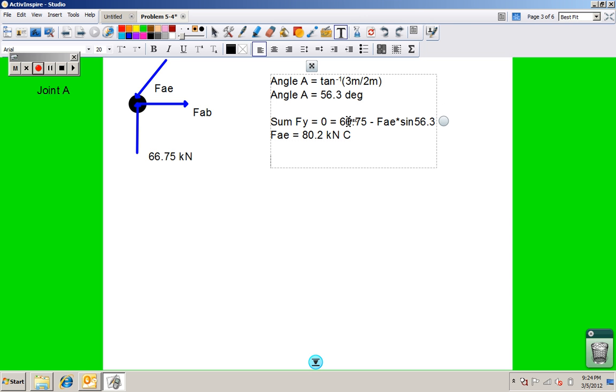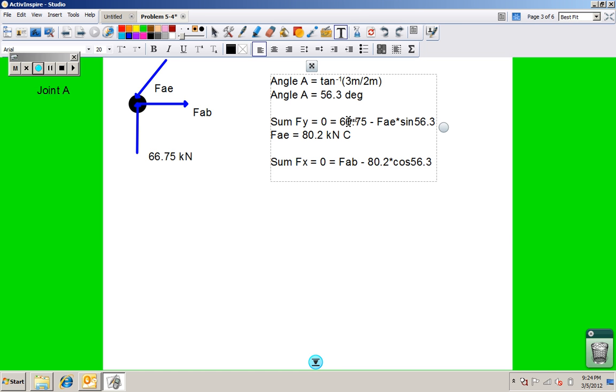Now when I draw it with the arrowhead going towards the joint, that means that it was in compression. Alright, now I do sum of forces x to find FAB, and I have FAB minus 80.2 times the cosine of 56.3.